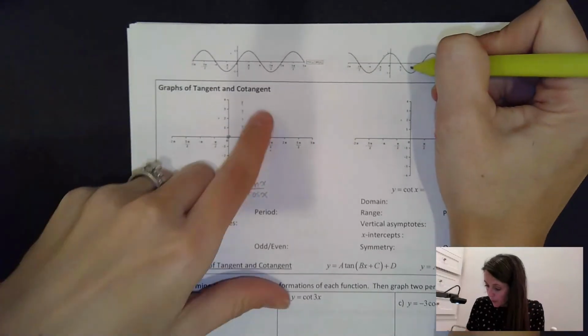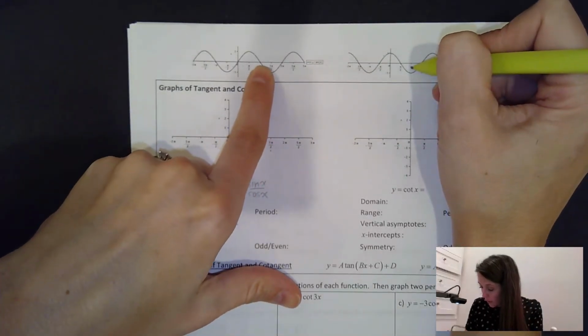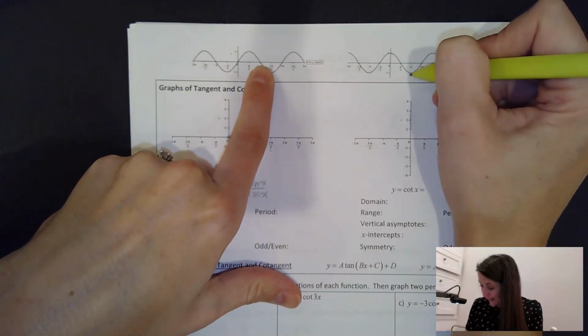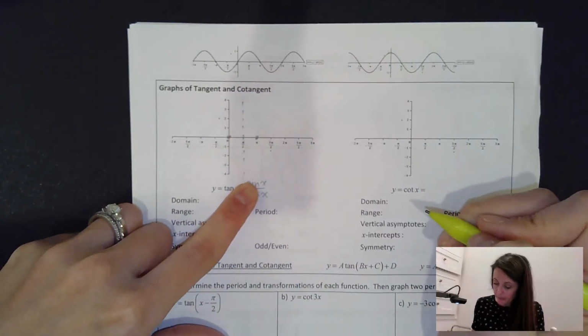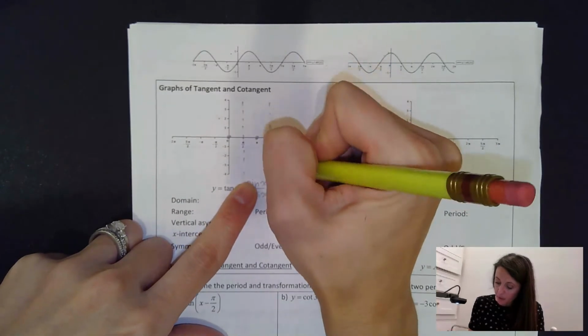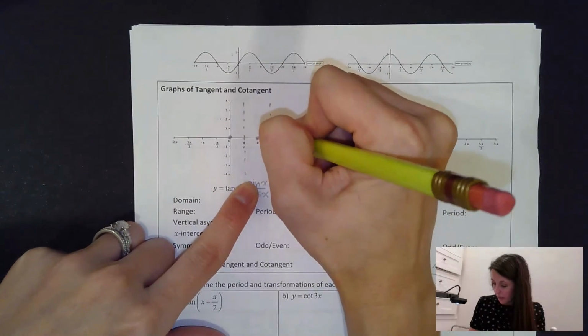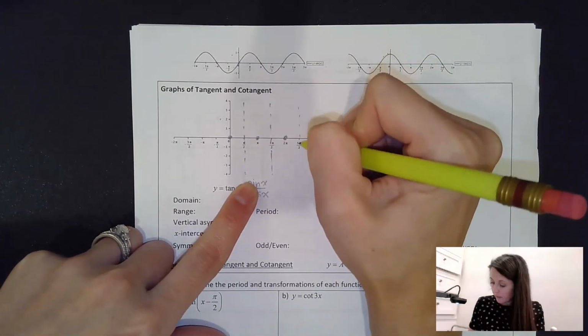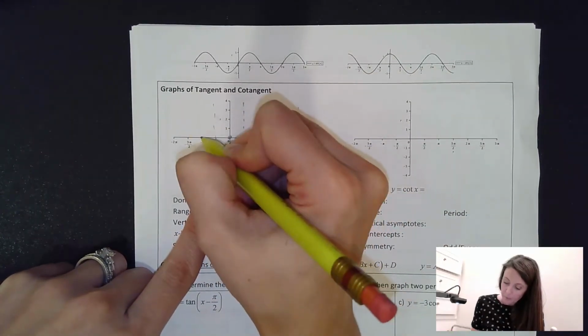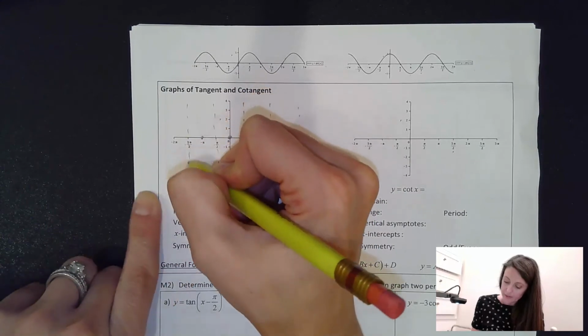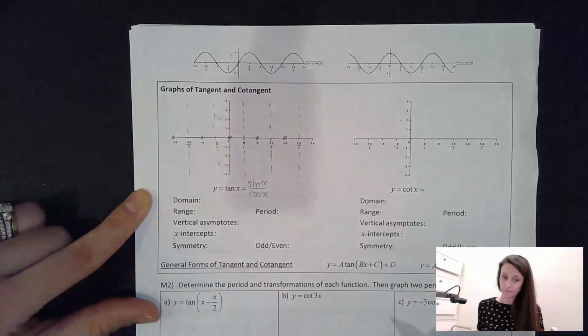Okay. At pi, you will have a 0 over a negative 1. So that is going to be a 0. So at pi, you will be back at 0. 3 pi over 2, what's going to happen at 3 pi over 2? It's undefined. At 2 pi, we're going to be back at 0. 5 pi over 2. If I keep doing this, we are going to have x-intercepts at all the pi's.